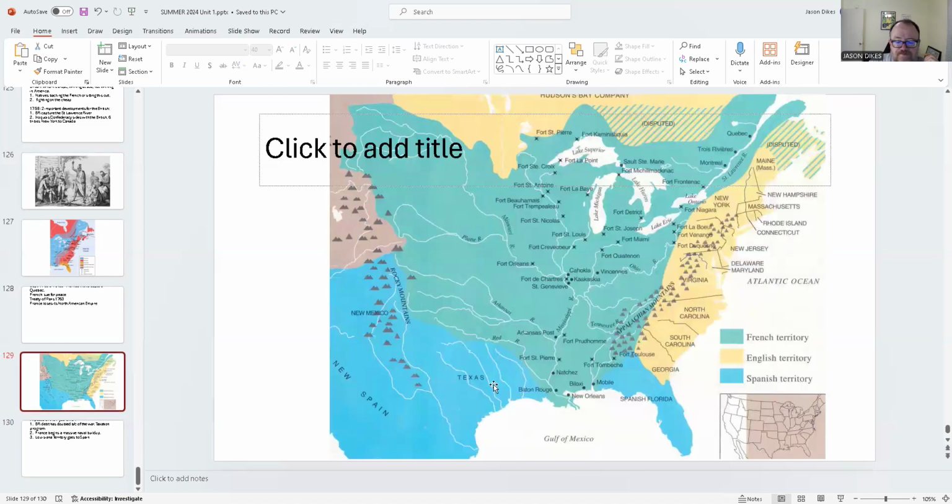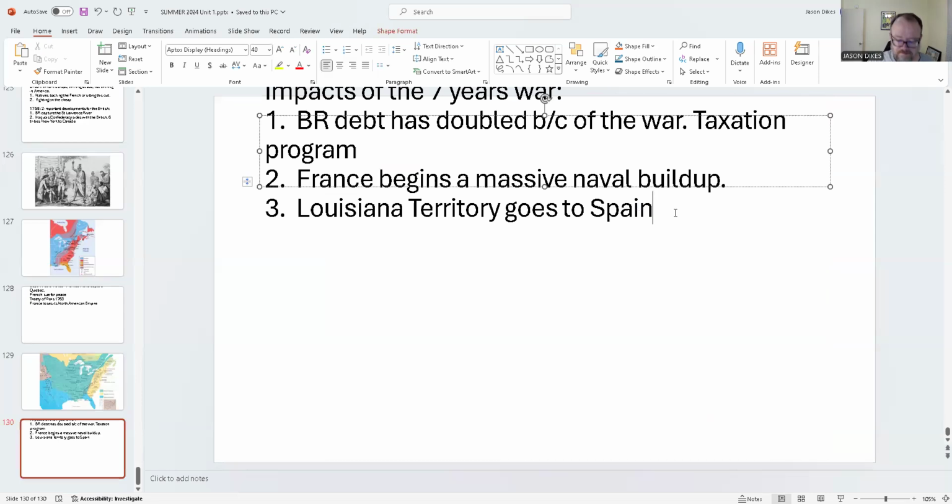Okay. But everything from about New Orleans up the Mississippi on this side is going to become Spanish territory. And we'll look in Unit 2 and Unit 3 how that works out for the Spanish.